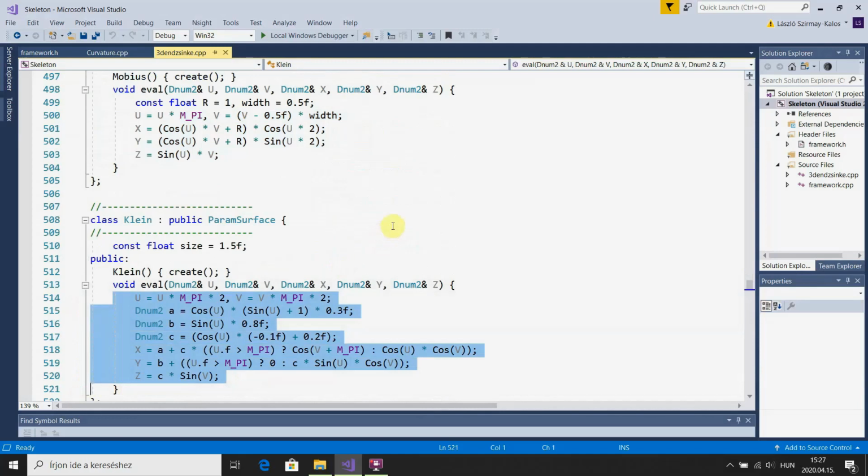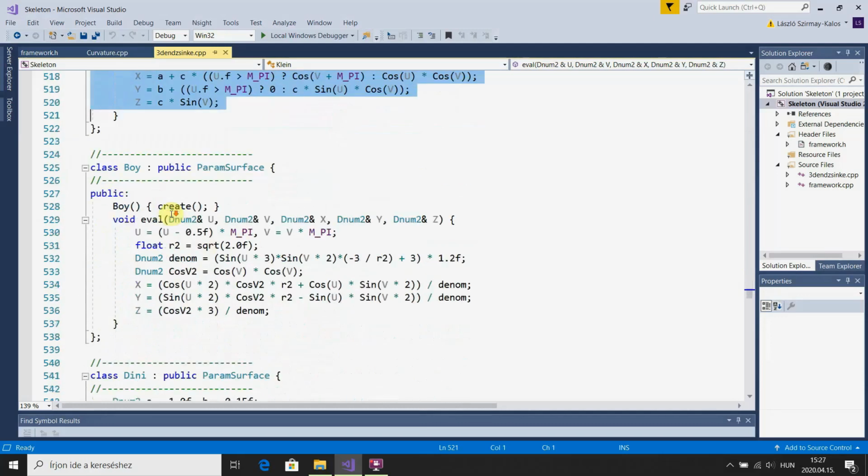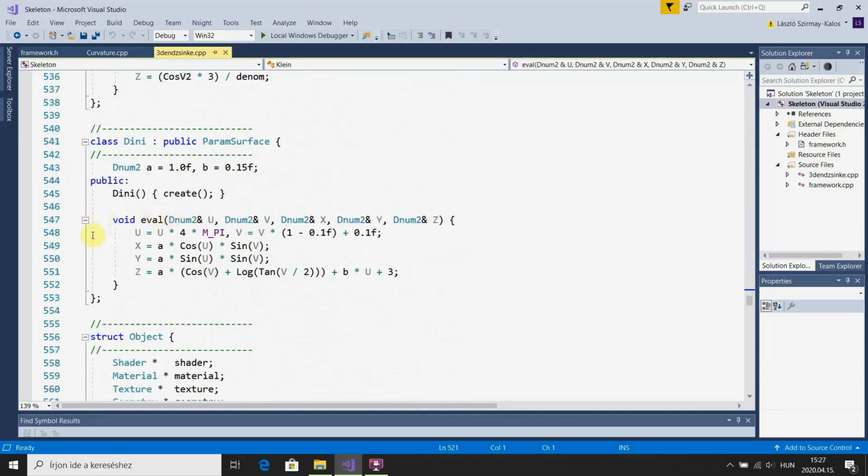So we have a parametric equation. We express this parametric equation with dual numbers. So when this function returns the computed values, we have not only the x, y, z Cartesian coordinates of the point, but also the derivatives with respect to the u and v parameters. And the Boy surface, finally a Dini surface.